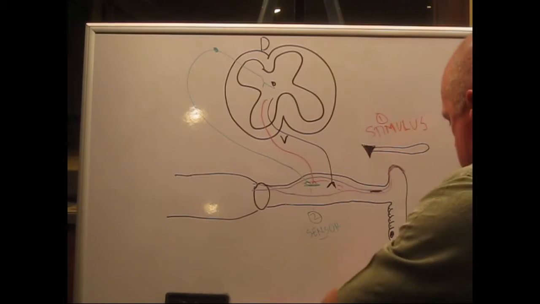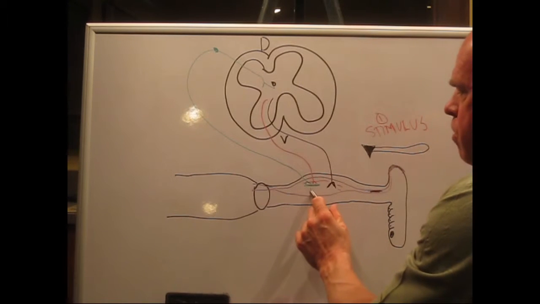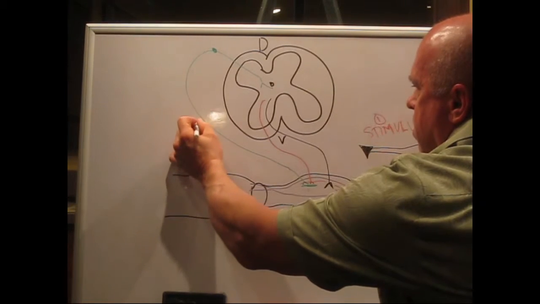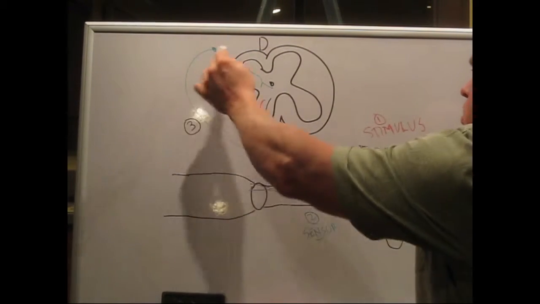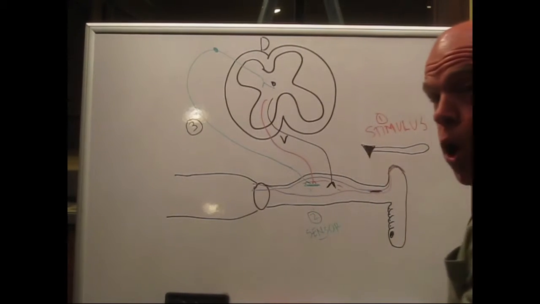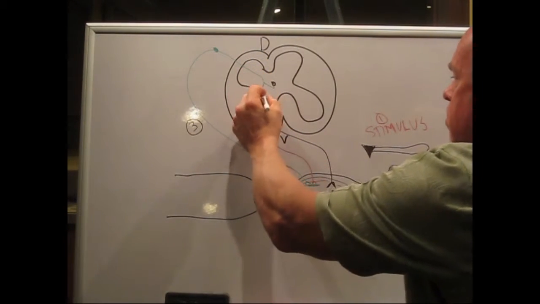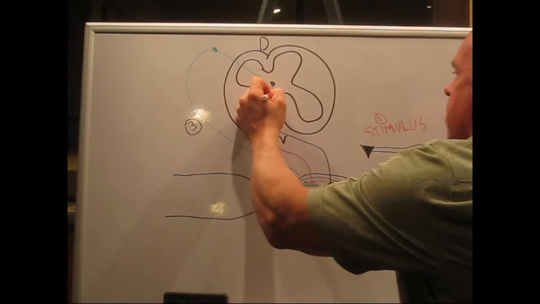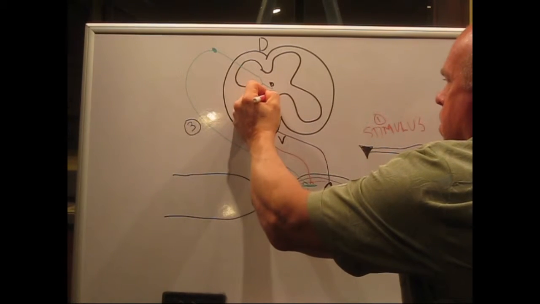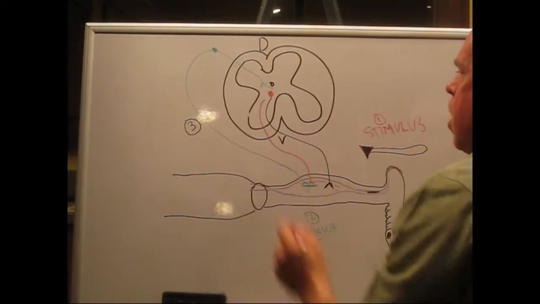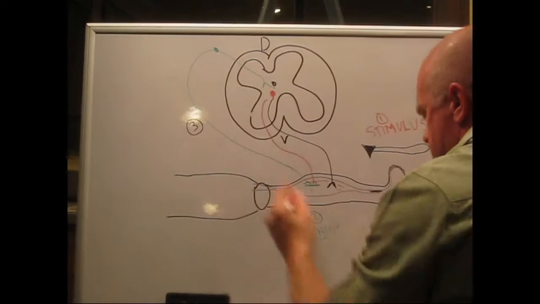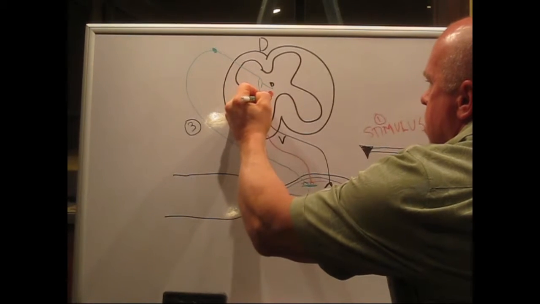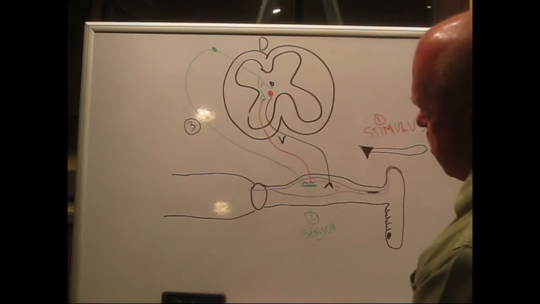Okay? So the components of a reflex arc include a sensor. The sensor sends signals up the sensory afferent neuron, which enters the dorsal root, makes a monosynaptic synapse with a motor neuron here in the ventral horn, and then also makes a synapse with a motor neuron that innervates the muscle spindle.